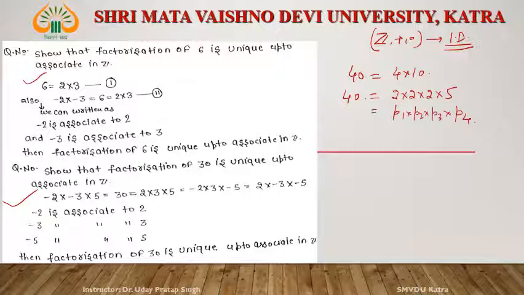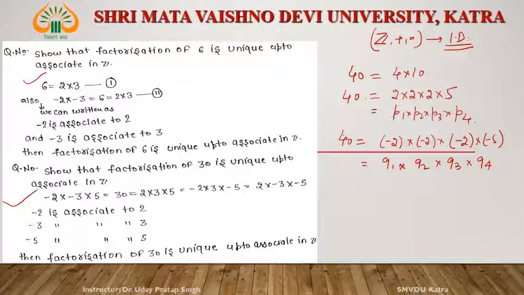Now come to this: 40 can also be written as minus 2 into minus 2 into minus 2 into minus 5, say q1, q2, q3 and q4.